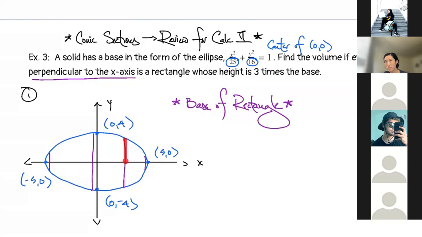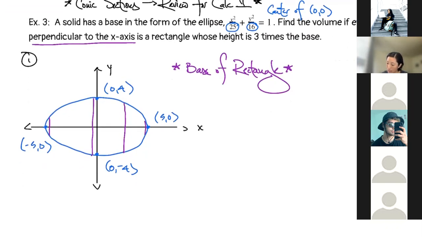How long is the base of the purple rectangle right there? 6, right? Because we would want to go the whole way down. All right, let's say that this one is just 1. How long is the base of that rectangle? 2, exactly, because we want to double it to get the entire distance, okay?